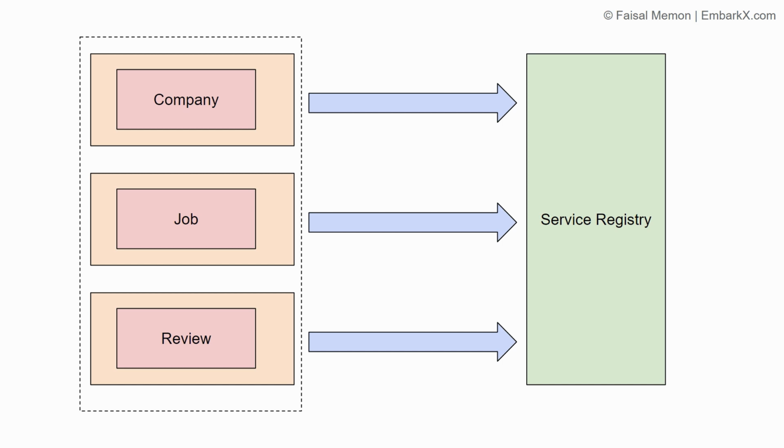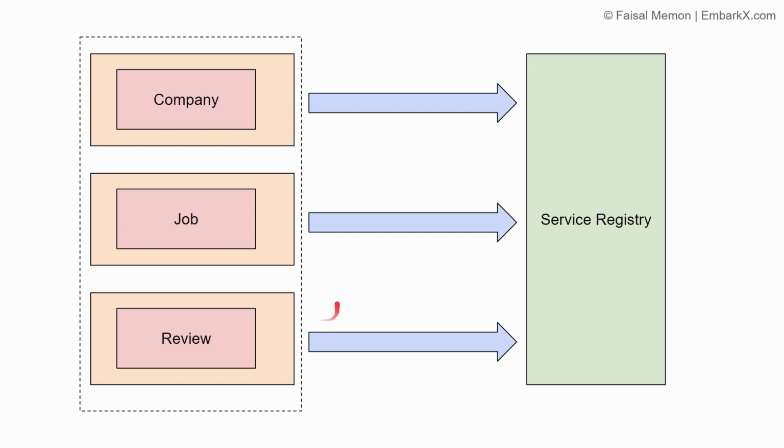A service registry essentially is like a phone book for microservices, or you can think of it like a database that has been populated with the locations of different microservices that exist. So the service registry will know all the microservices that exist in a particular architecture.